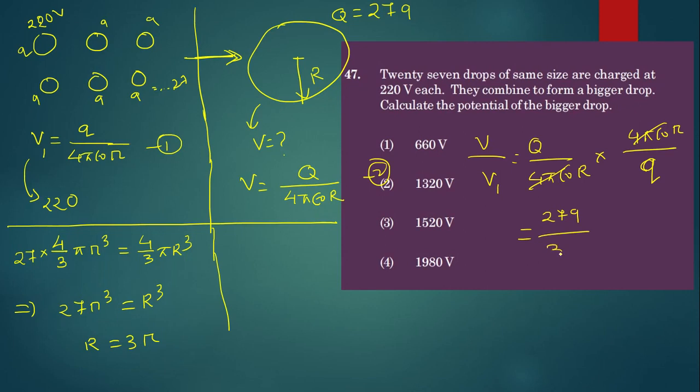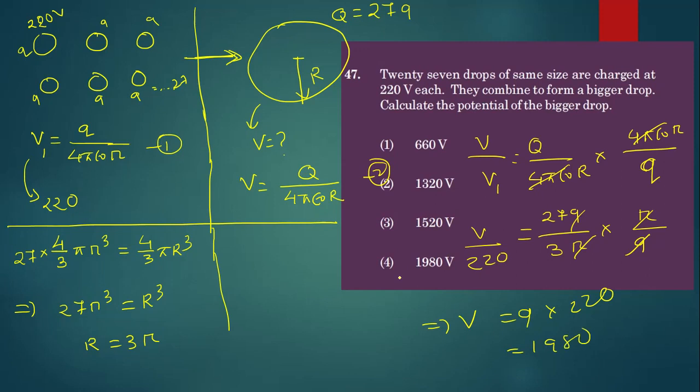This is 3 times r multiplied by 27q, and this is r. So V divided by 220 equals, q cancels, so V will be equal to 9 multiplied by 220. So this is equal to 1980. So option 4 is the correct answer. Let's move on.